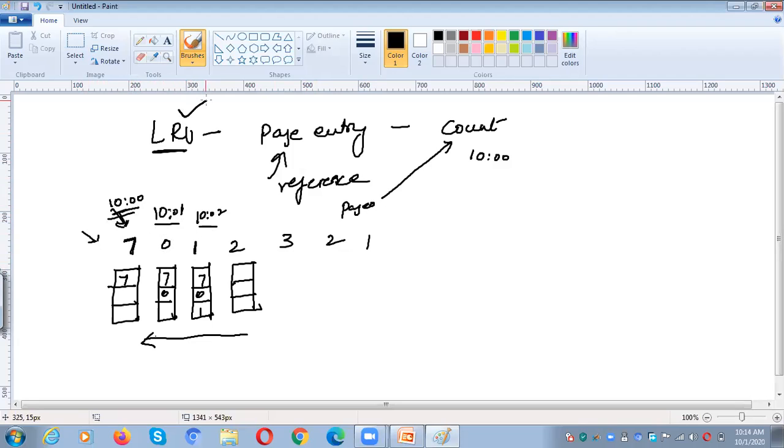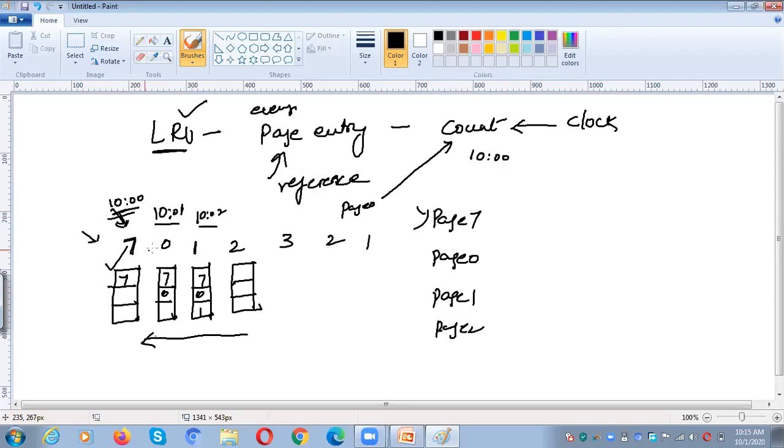For that, in the case of LRU, for every page entry, we need to maintain a count. Count consists of the clock. Whenever you refer to a particular page, for example in the page table, which has entries for the pages, you need to maintain the clock information: 10 o'clock, then 10 1, 10 2.